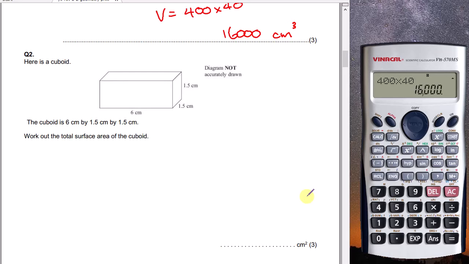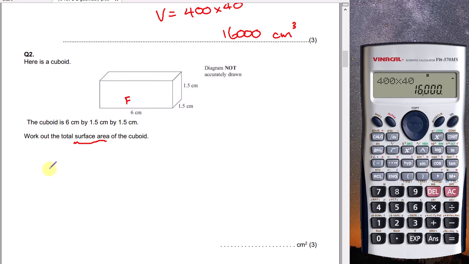Here's another cuboid. This time we've got to calculate the surface area. If you remember, the surface area is built up of all the rectangles making this shape. Other shapes can have triangles, but it's the area that's needed to cover it. If I call this one the front, it's got a partner at the back.